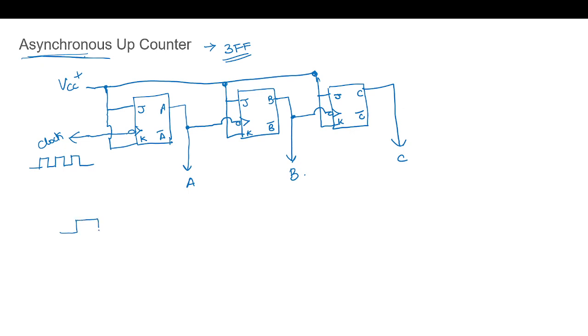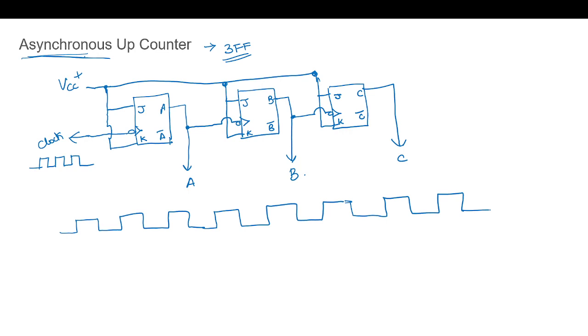If we consider this as the clock input, then this is at the negative edge. So at every negative edge, we will have a change of state in the flip-flop.